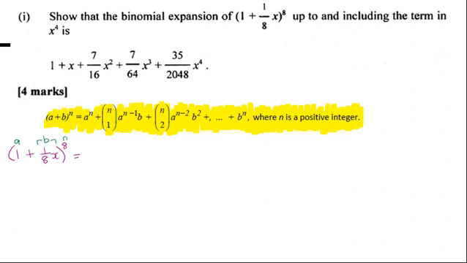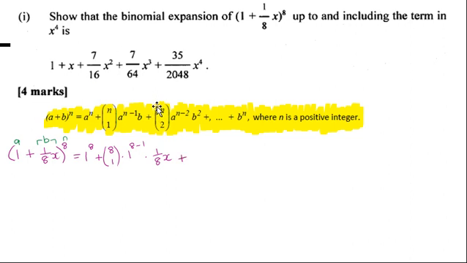So plugging in, we have a to the n, so that's 1 to the 8th, plus nC1, so that's 8C1, times a to the n minus 1, times b, which is 1 over 8x. That takes care of the second term.